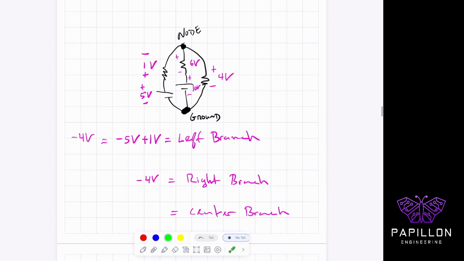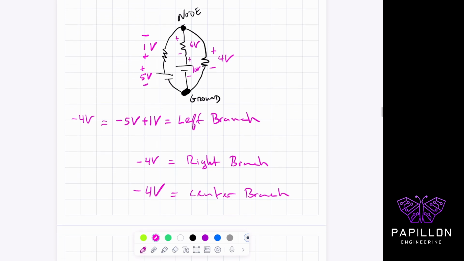That makes sense. So what we expect again is that we will get back a total of minus 4 volts as well. So we prove that all the branches have the same voltage, which should make us comfortable that the answer is definitely correct. That's a huge plus when you see that.